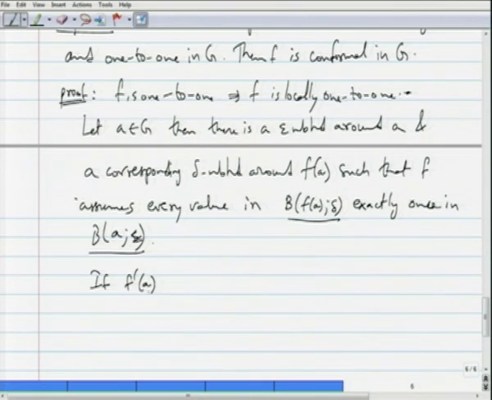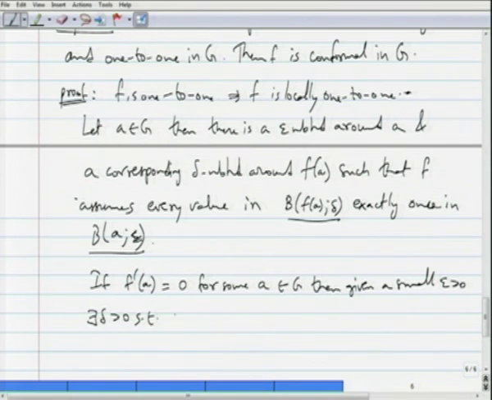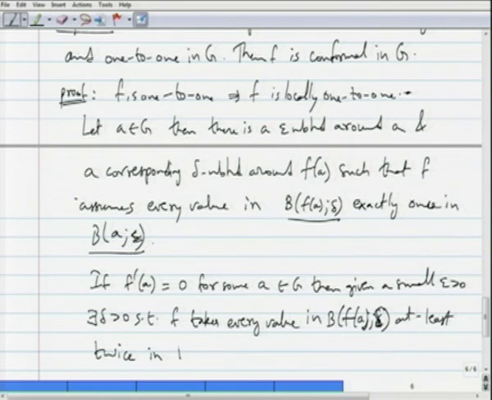Let A be some arbitrary point in G. If f prime of A is 0 for some A belongs to G, then given a small epsilon positive, there exists a delta positive such that f takes every value in B f of A delta at least twice in B A epsilon.